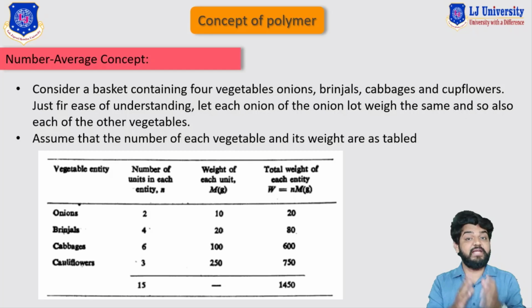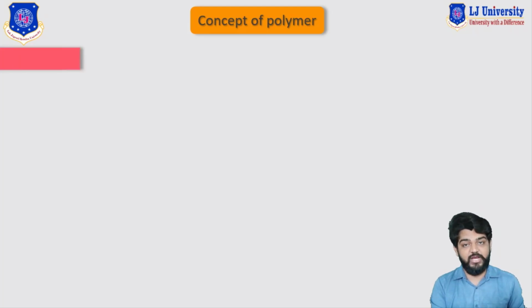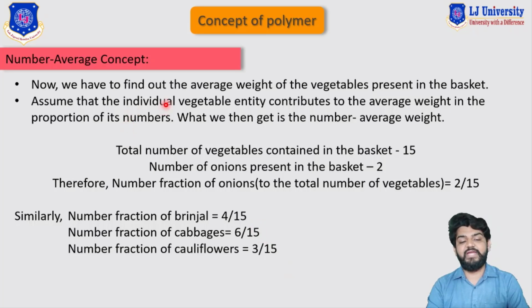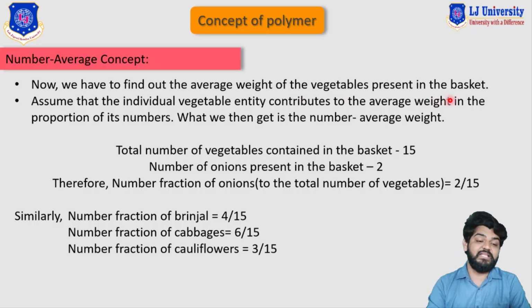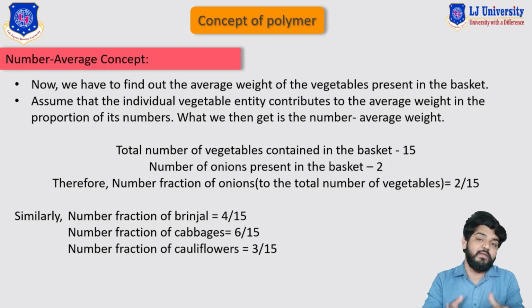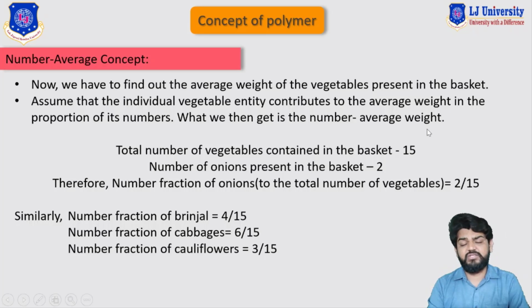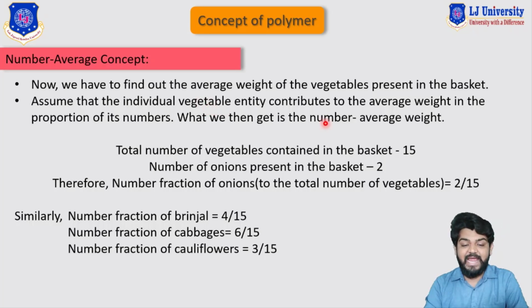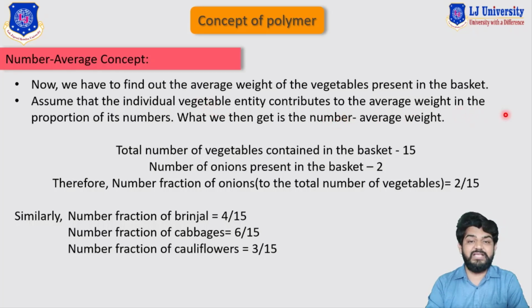Now, after understanding this table of the basket, let's quickly move to the concept of number average. We now have to find the average weight of the vegetables present in the basket. In order to do this, let's assume that each individual vegetable entity contributes to the average weight in proportion to its number.